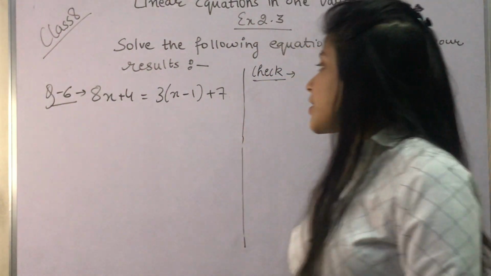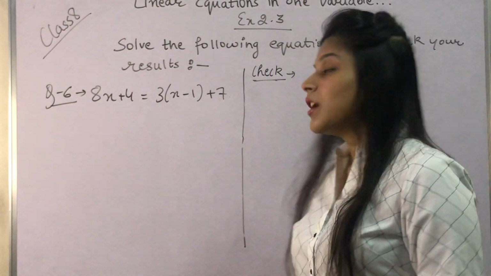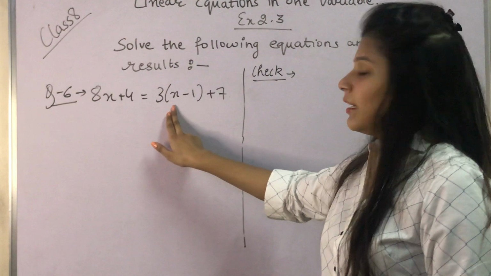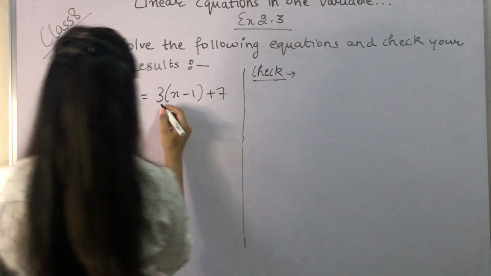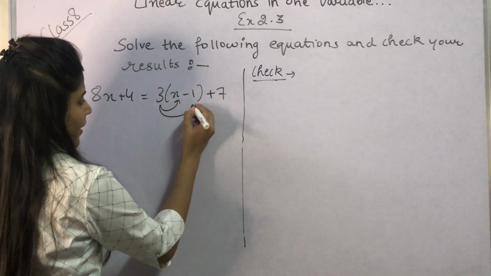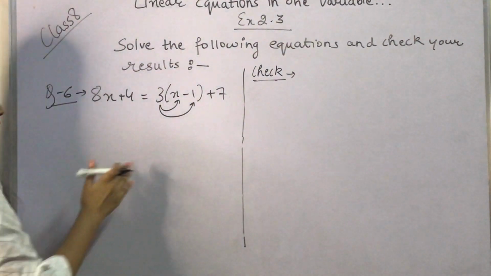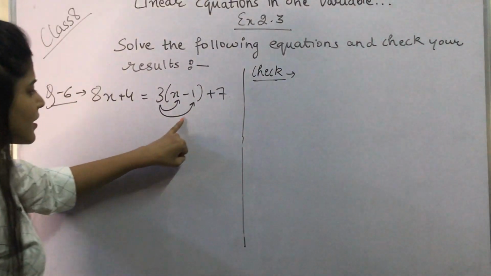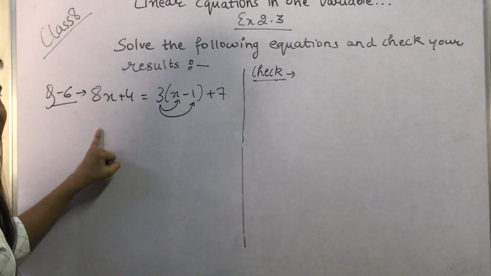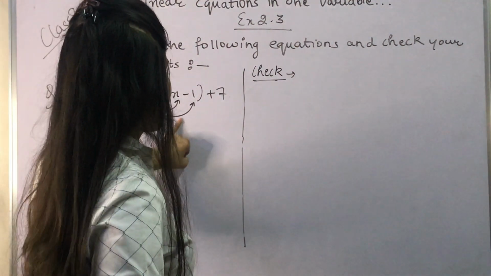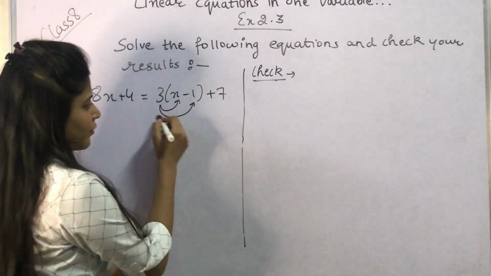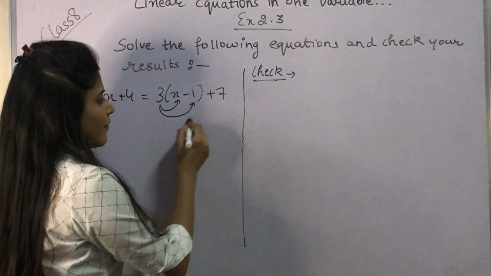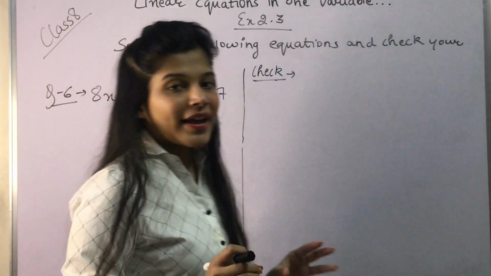Now in this equation we can see two variables, but also we can see a number which we can multiply by the variable, so only then we can transpose this term. So first we will open the brackets and then we will transpose the variable terms. So to open the brackets we will multiply 3 by x first, and then we will multiply 3 by minus 1.